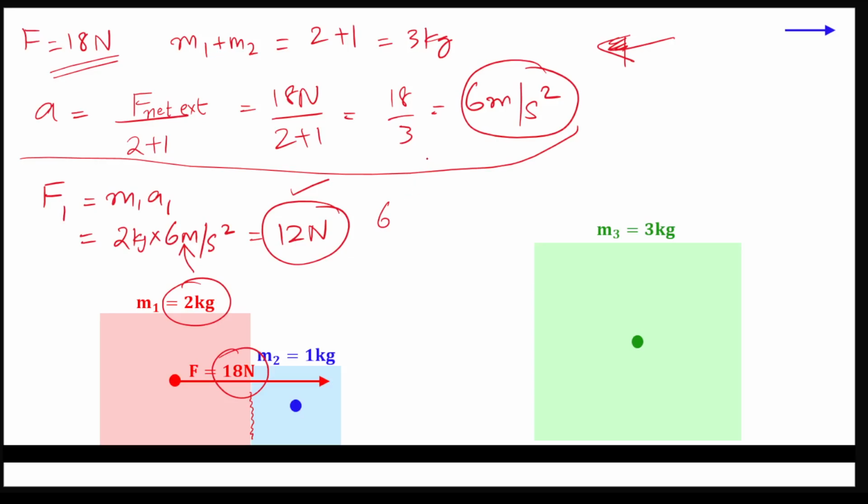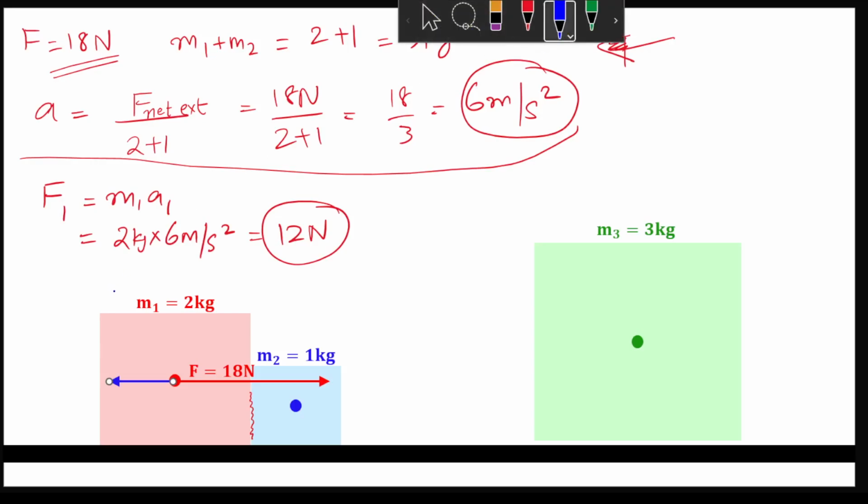Because it is in touch with another object, which is this blue object, I'm going to bring this vector here. The only logical sense is that there is a 6 Newton acting in the opposite direction, right?